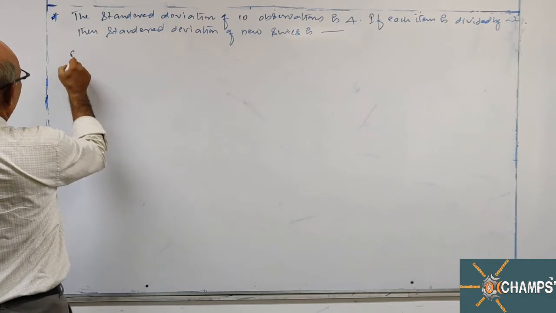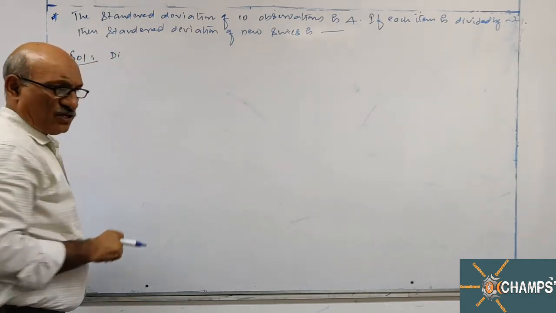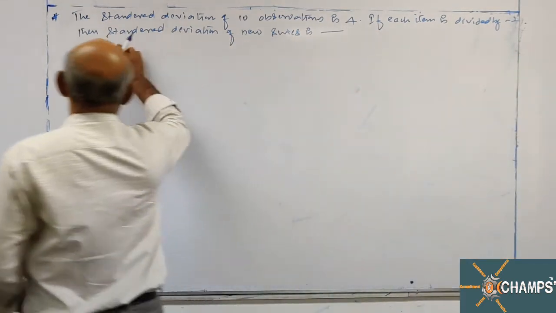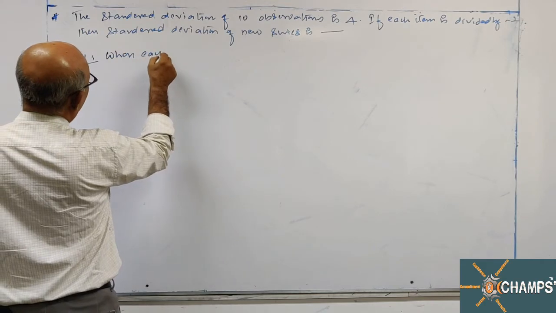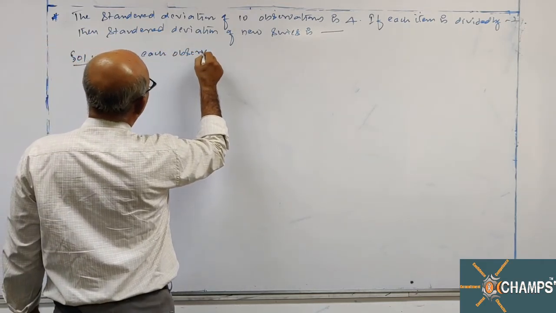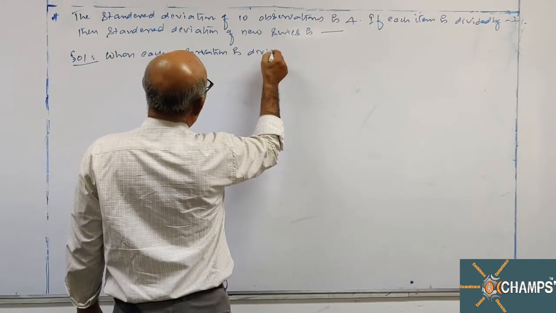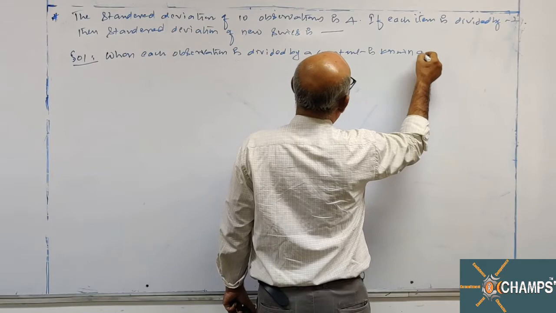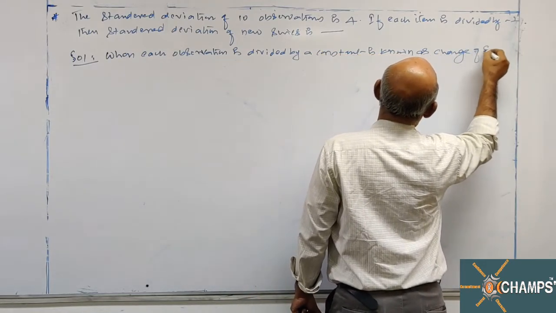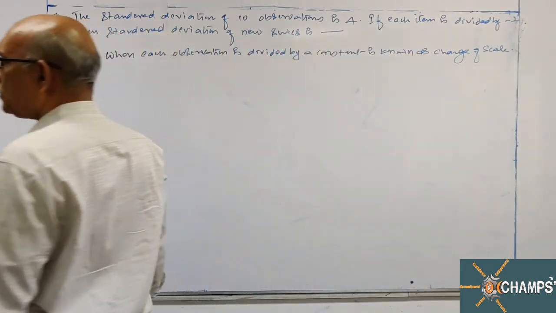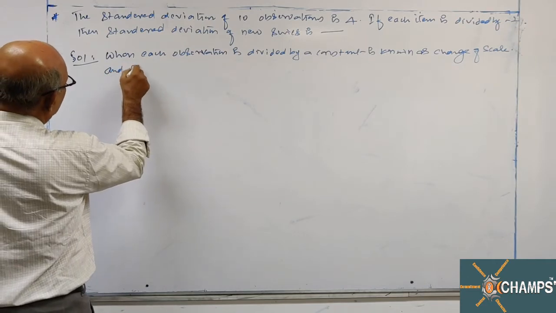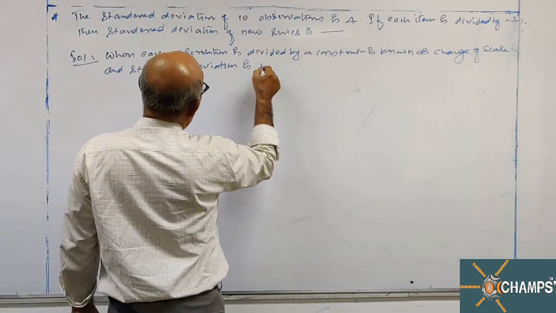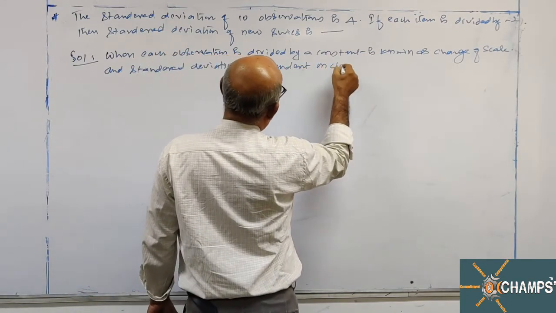Now, solution. When each observation is divided by a constant, it is known as change of scale, and standard deviation is dependent on change of scale.